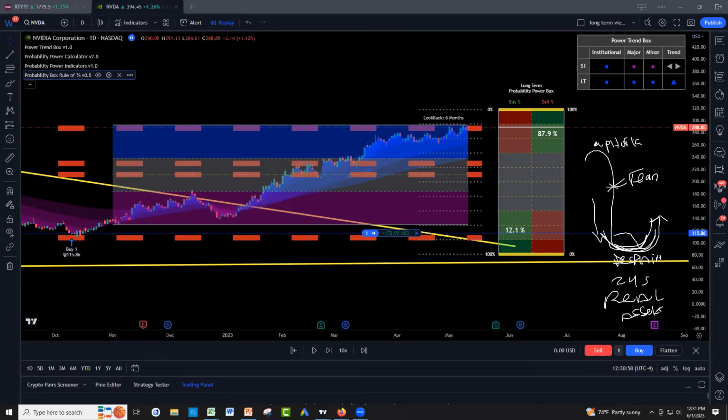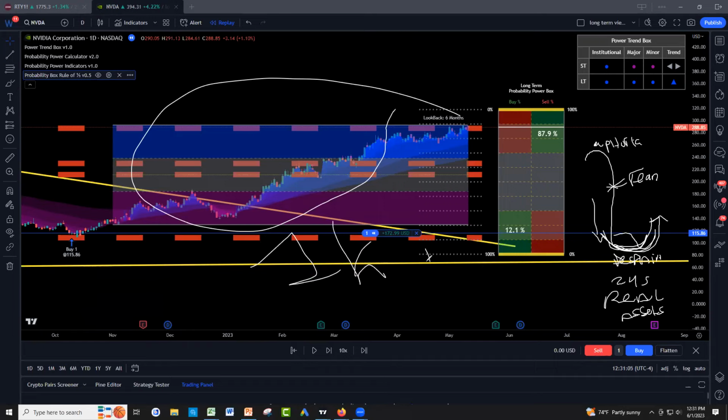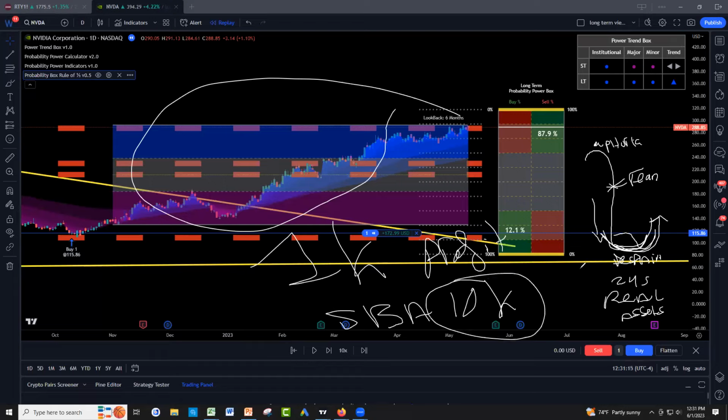So what I do is make money from the market here. And let's say for every $1,000 profit that I make in the market, I know that with an SBA loan, eventually I can get 10K of a loan to buy some commercial real estate property.